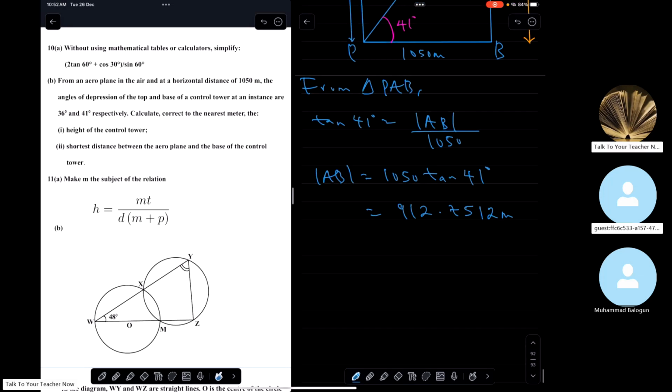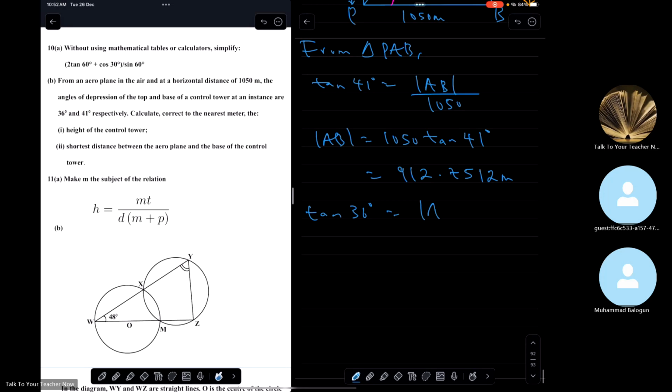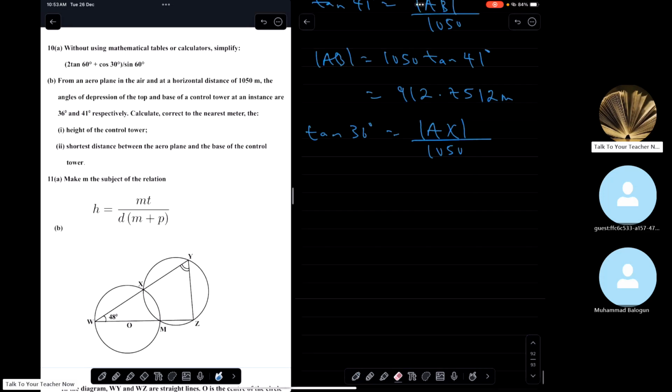Tell me now, tan 36 degrees equals what? AX over 1050. Do you understand that? 36 is opposite, which is AX, over adjacent, which is 1050 meters. Exactly. So that simply means AX equals what?